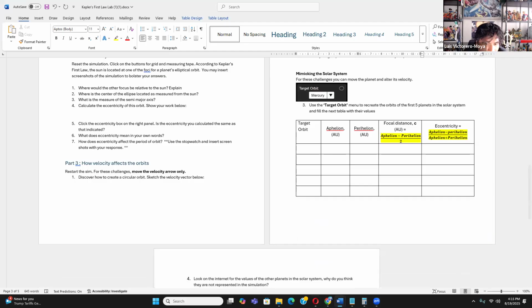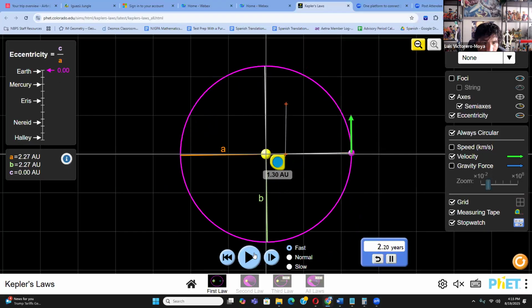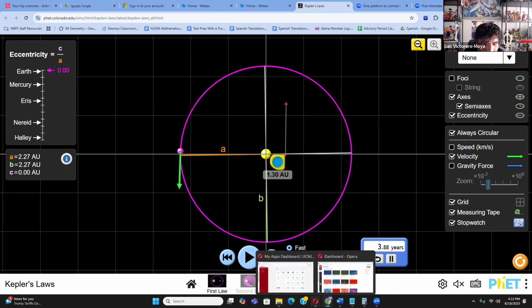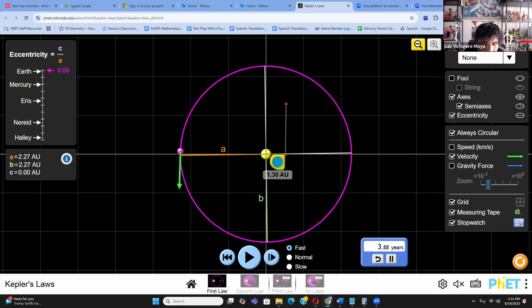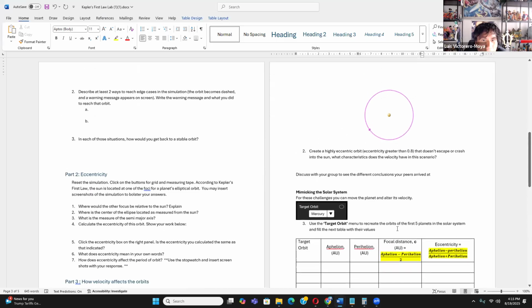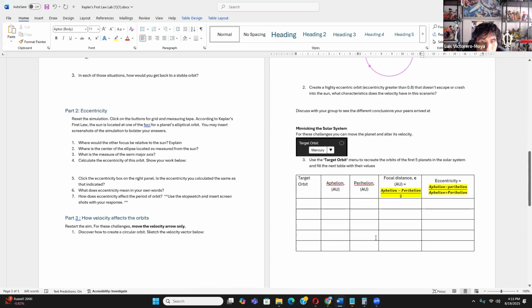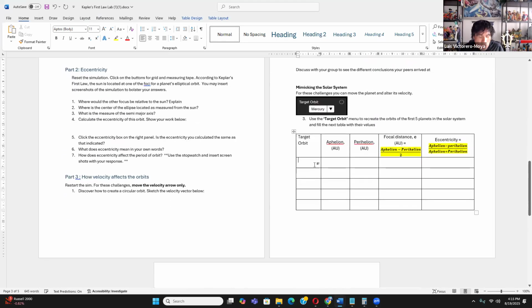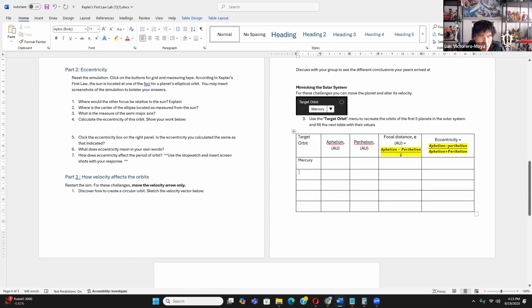Discover how to create a circular orbit, guys. Just do it here. Circular orbit, and that's a shortcut. Instead of playing with this, just do circular. That's easy. Okay, this table here: you're going to do Mercury, Venus, the Earth, Mars, and Jupiter.